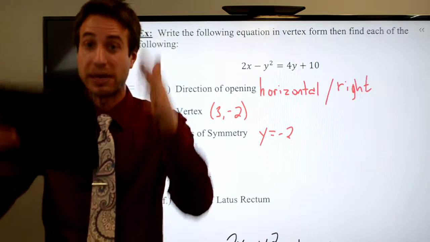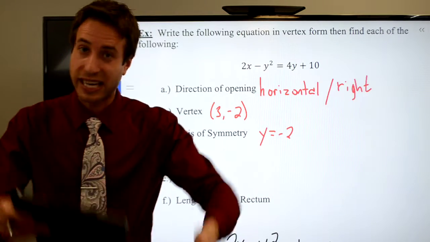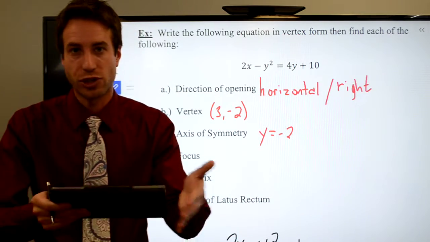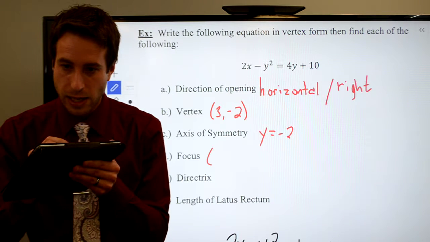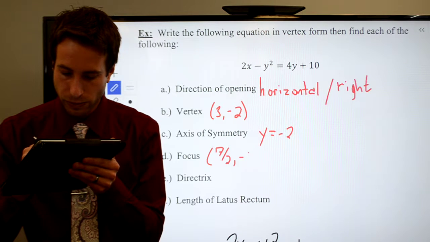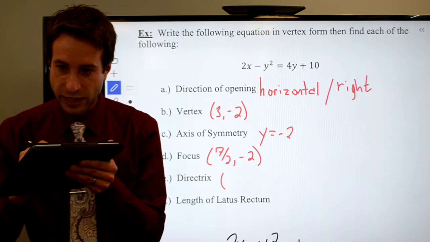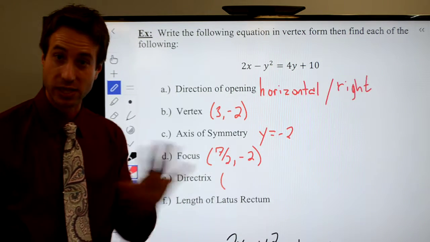That's the difference between being vertically oriented and horizontally oriented, but again, it's on the formula sheet. Just look at the formula sheet, follow the formula sheet, you should be good. For the focus, I get (7/2, -2).